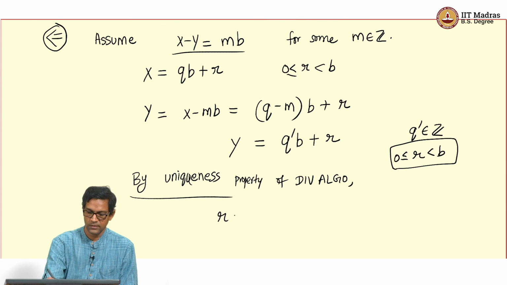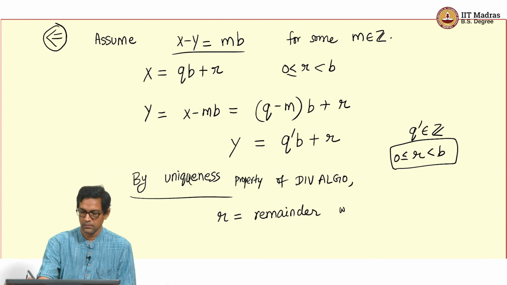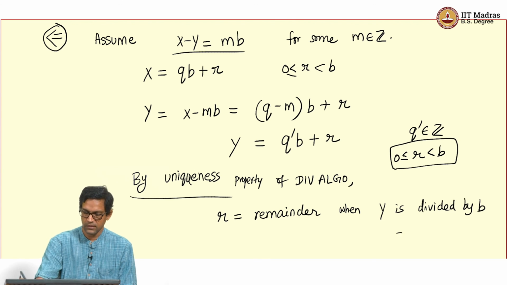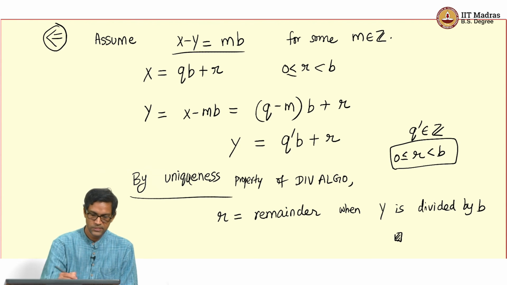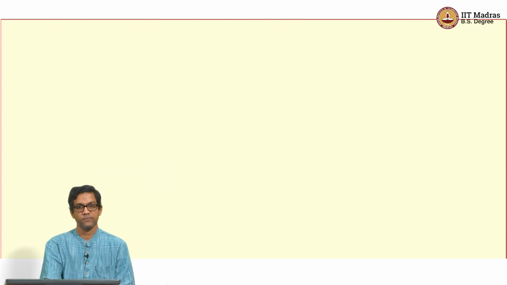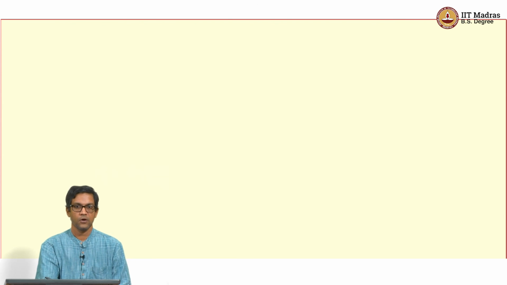Okay. So, r is exactly the remainder when y is divided by b. So, that proves the reverse direction as well, the converse. Okay. So, this gives us a very quick way of checking when two numbers are congruent to each other.